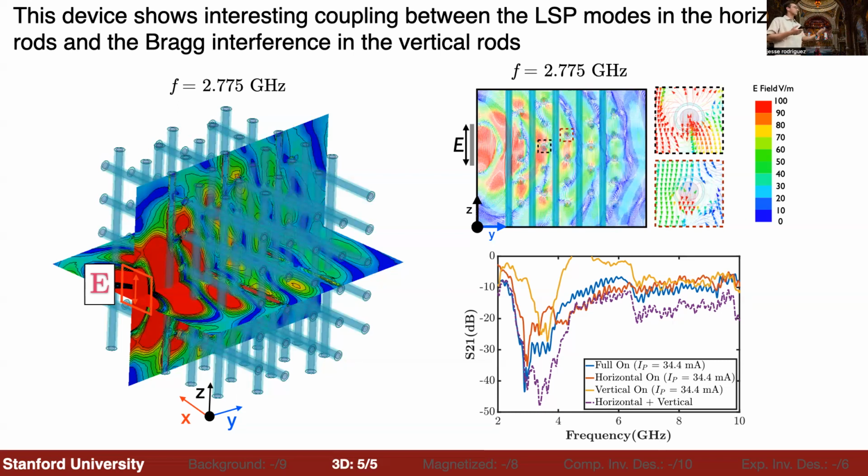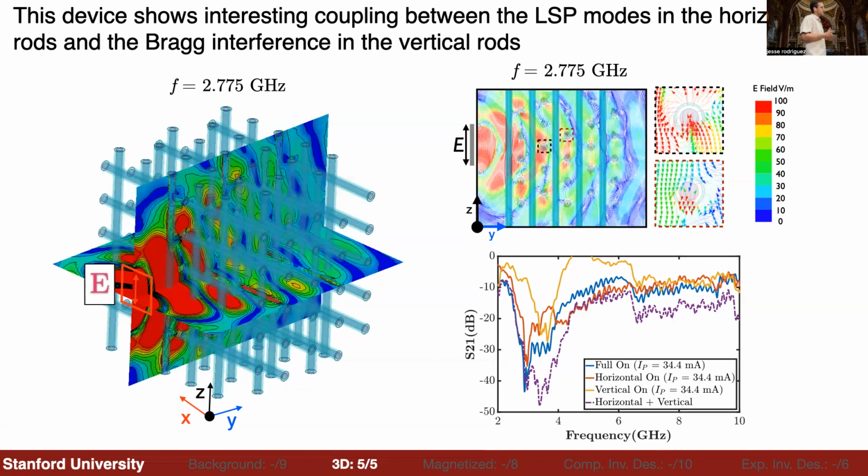And then in the other rods, you know that you can't excite LSP modes. This only occurs with the TE polarization. And so all the interference in that case is just normal Bragg interference, just constructive and destructive interference that comes up from any sort of photonic crystal structure.